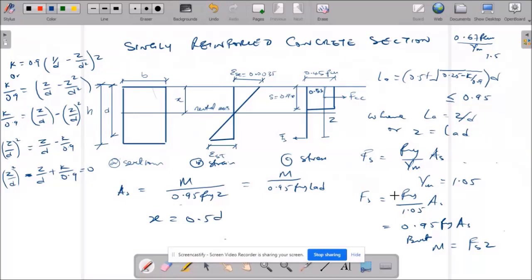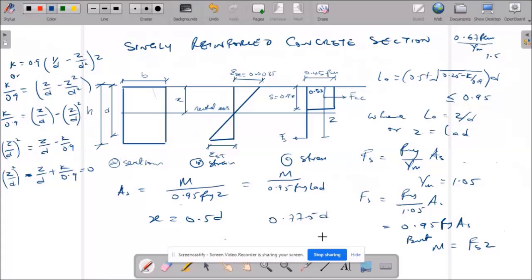This gives rise to a minimum Z value of 0.775D.